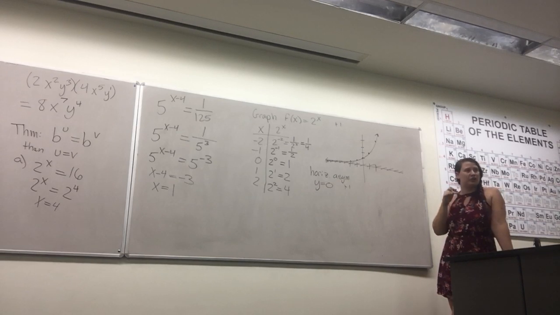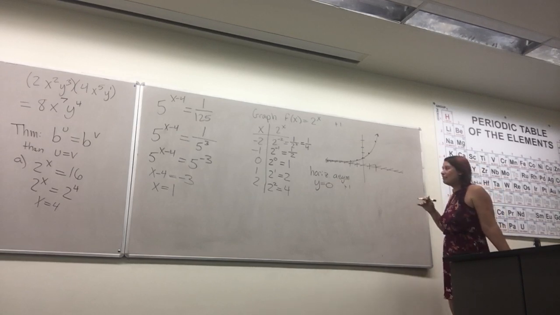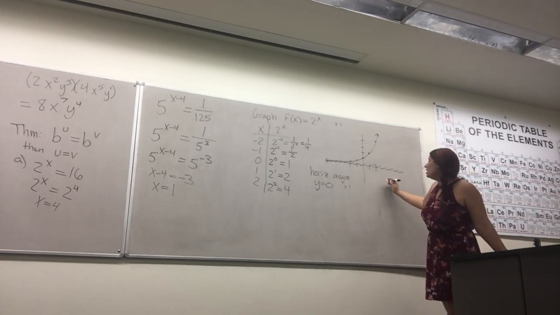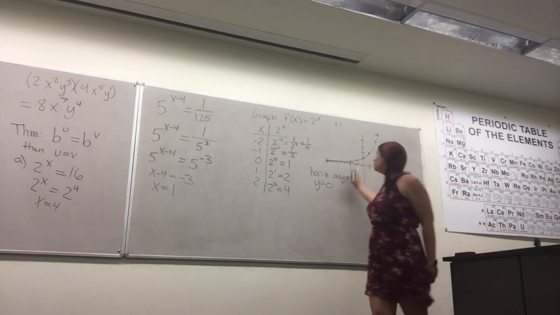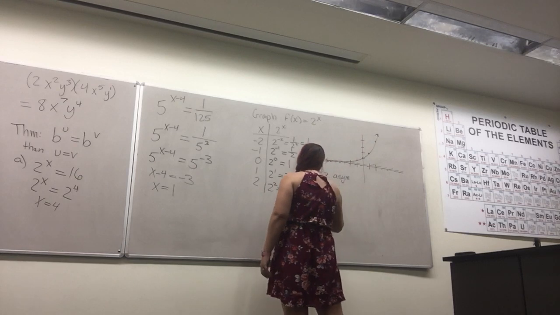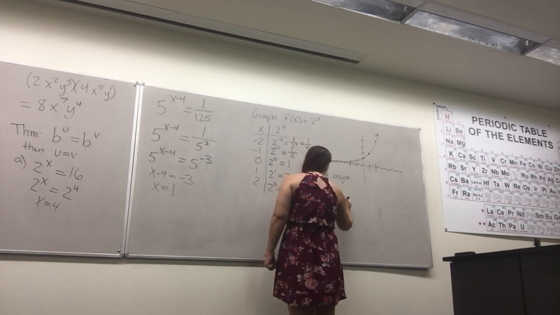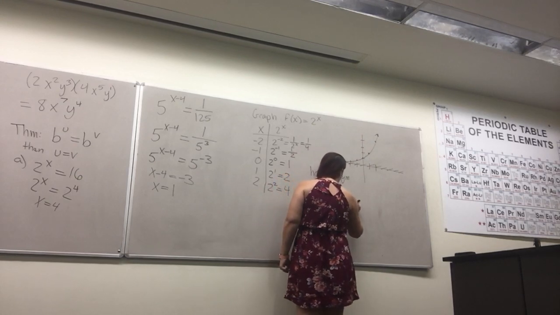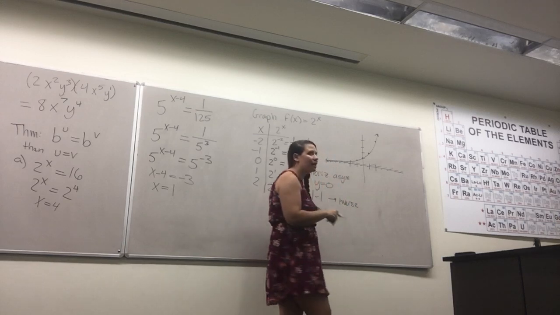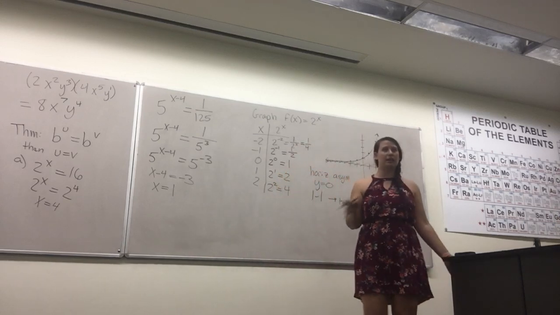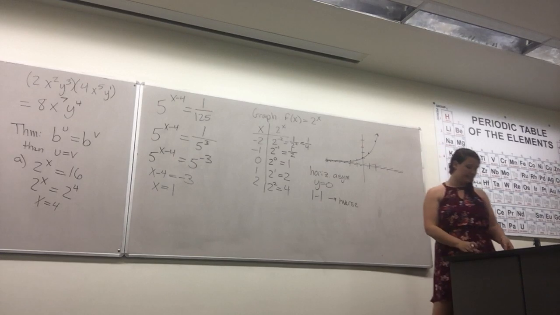It doesn't ever actually get flat, okay? So that means this function is also 1 to 1, which means it has an inverse. We will get to that in the next section, okay? Not today, kind of thing.